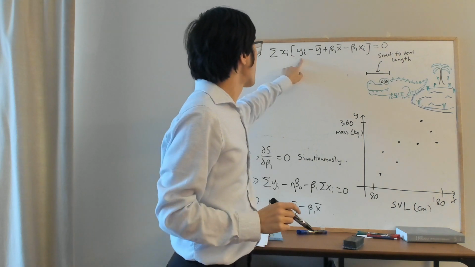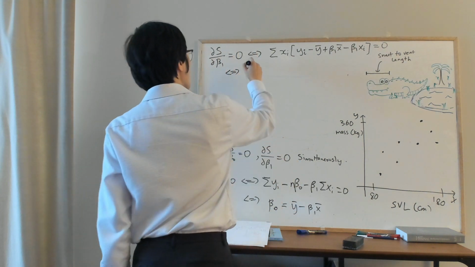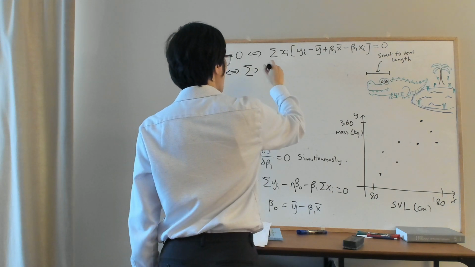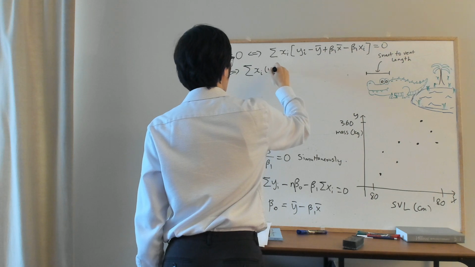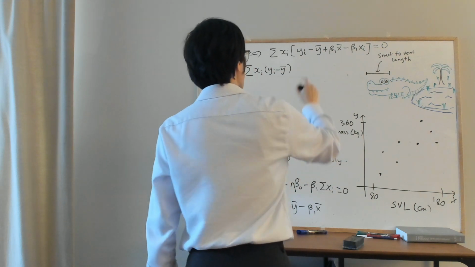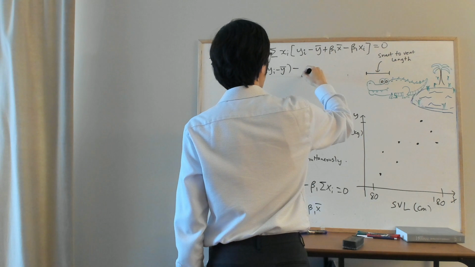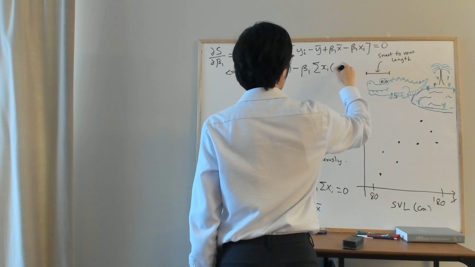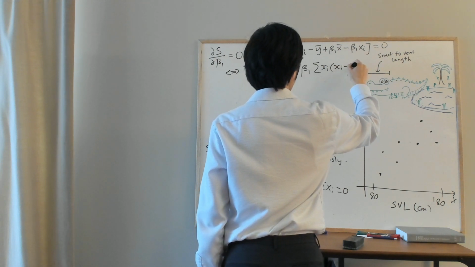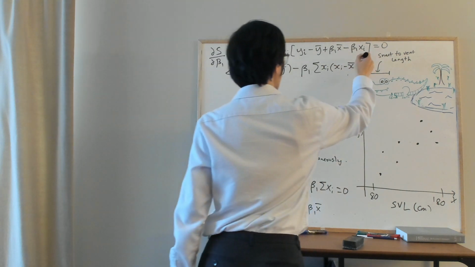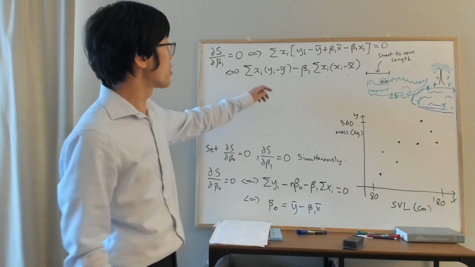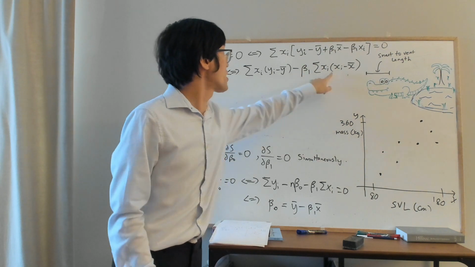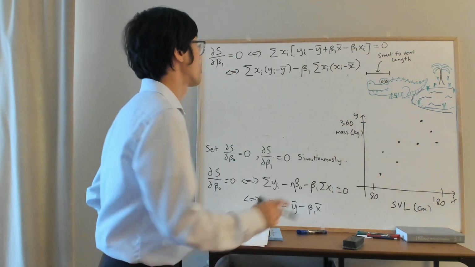And so I can do a little bit of factoring here. I'll group the terms like this. So I'll have xi (yi minus y bar), and I can pull out a minus sign along with beta 1, so that inside the summation is xi times (xi minus x bar). So I pull out a minus, and then it has this symmetry, so it's xi minus x bar and then yi minus y bar.